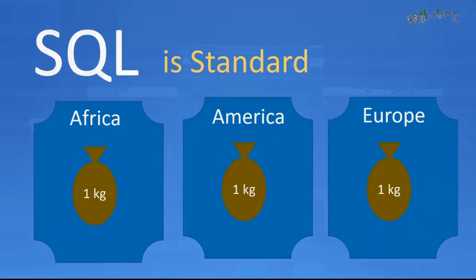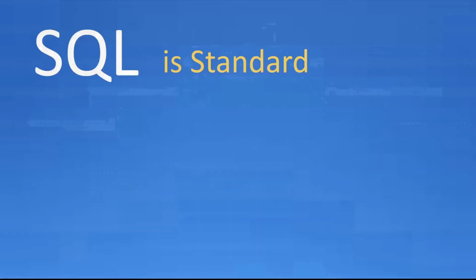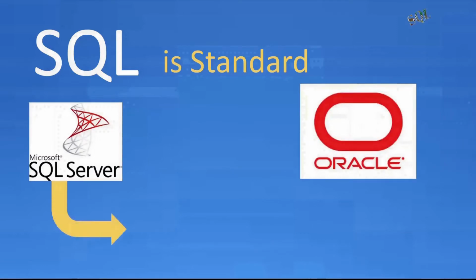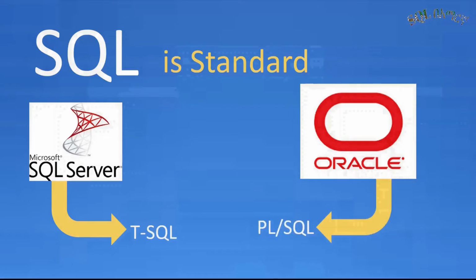But these databases have added functionalities on the standard SQL to meet their needs. But the standard SQL remains the same for all. These databases call their version of SQL in different names. SQL Server, TSQL. Oracle, PLSQL. MS Access, JetSQL. But again, the standard SQL remains the same in all.